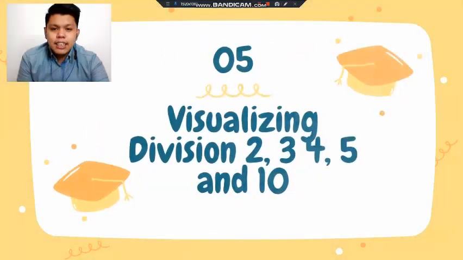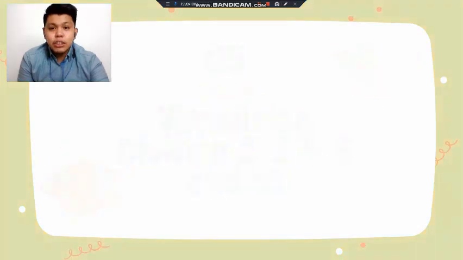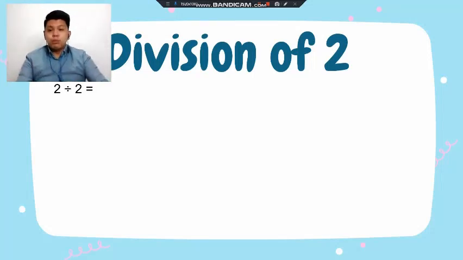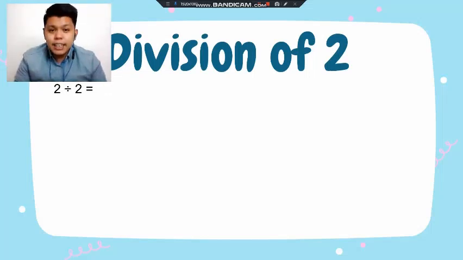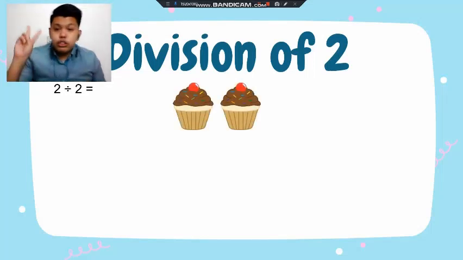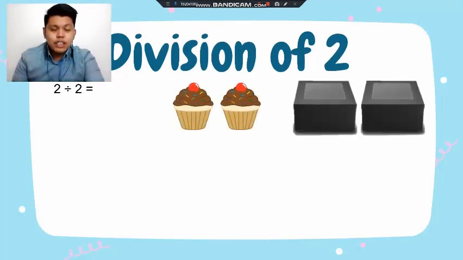Okay, let's now go with visualizing division by 2, 3, 4, 5, and 10. So let's start off with division of 2. First we have 2 divided by 2. So imagine we have 2 cupcakes and 2 boxes.